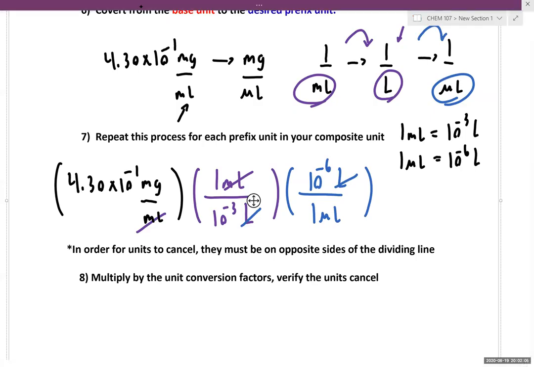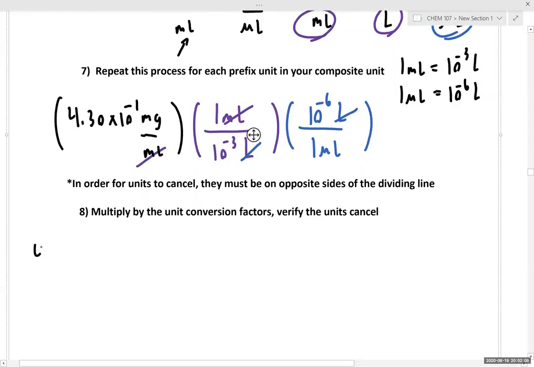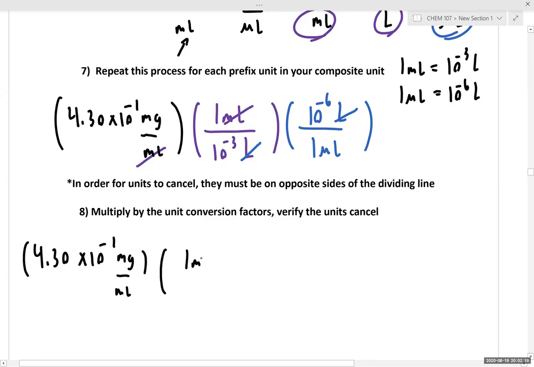So if we multiply by our conversion factors, so just rewriting our solution once again, we have 4.30 times 10 to the negative first milligrams per milliliter. We know in 1 milliliter, there are 10 to the negative third liter. And we know that we have 10 to the negative sixth liter per 1 microliter.